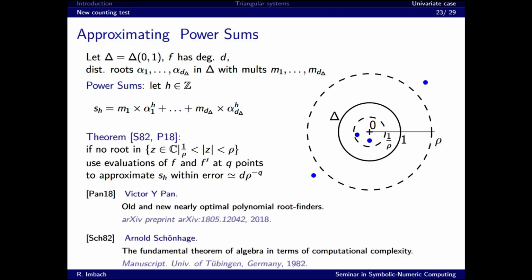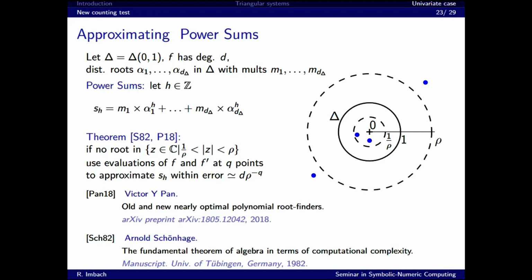And there is a theorem that says that, provided that the disk is rho-isolated, and this means that the roots inside the disk have modulus less than 1 over rho, and the roots outside the disk have modulus more than rho, then, defining an integer q, we can use evaluations of f and its derivative at q points to approximate the h-th power sum with an error that decreases about as d times rho to the minus q.